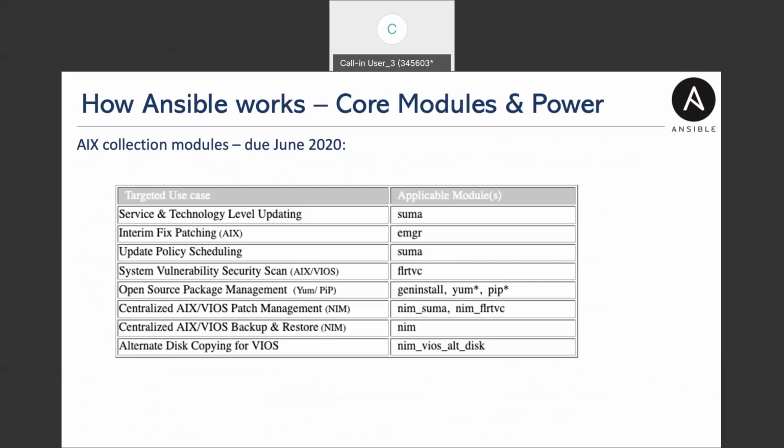So we've got some listed, like NIM, Sumo, FLIRT, VC, Gen installation. The plan is as well that the ones we mentioned earlier, about AIX volume, file system, AIX devices, are all going to come into the support module too.